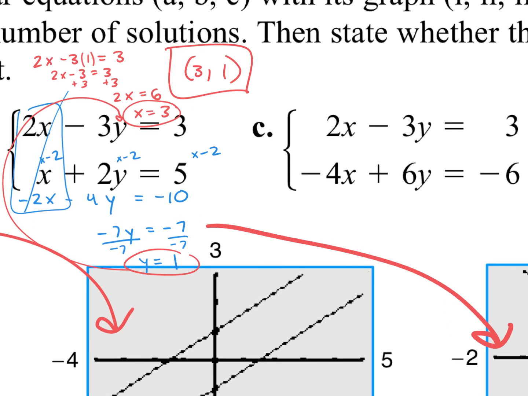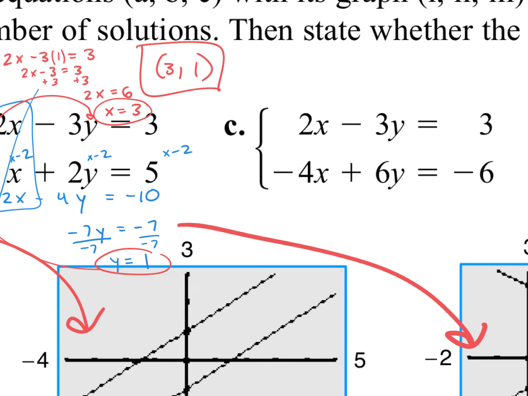All right, so C, do I have a variable that'll cancel out right away? No. So what do I have to multiply, and by which equation? Top one by 2. So this becomes 4x minus 6y is equal to 6.